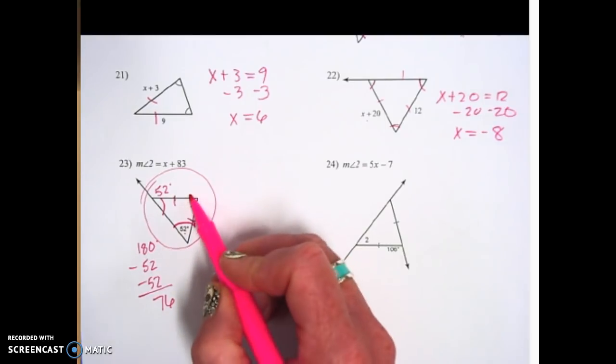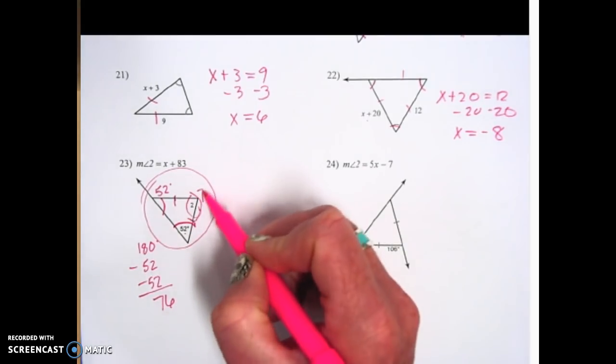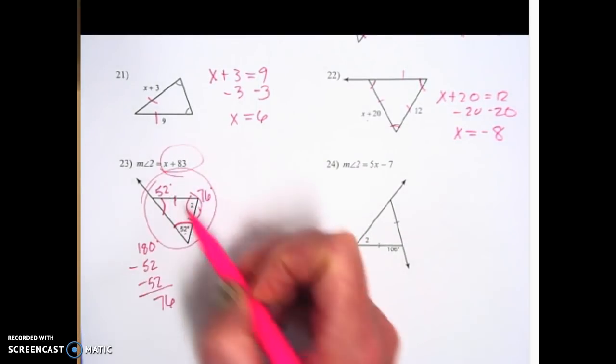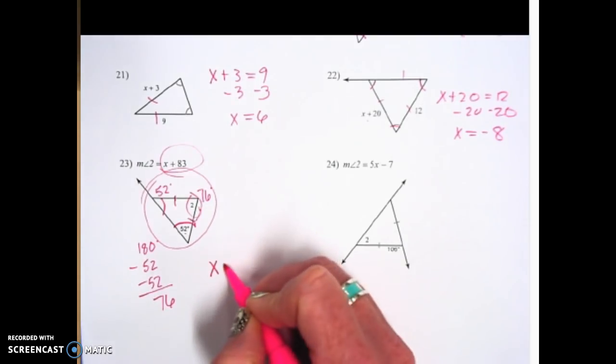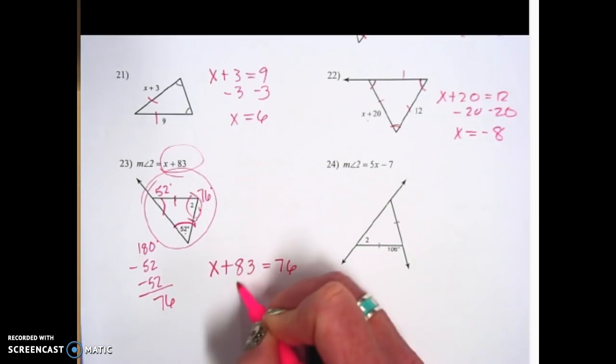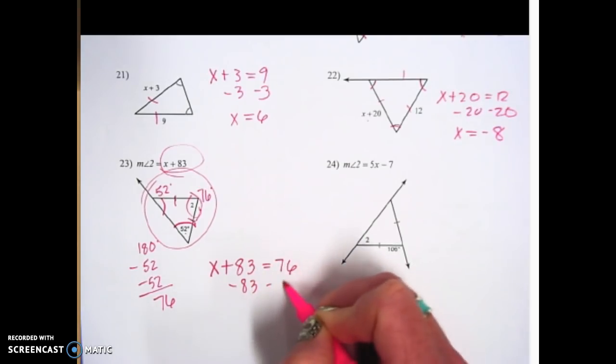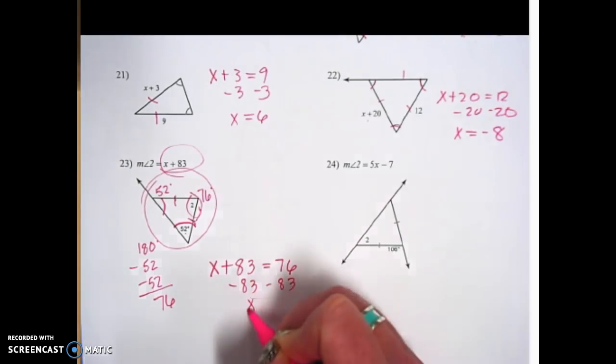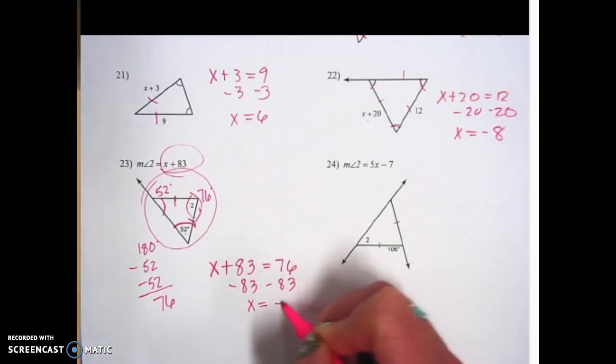That means angle 2 right here should be 76 degrees. So we need to set that equal to x plus 83. Subtract the 83 from both sides, and we get x equals negative 7.